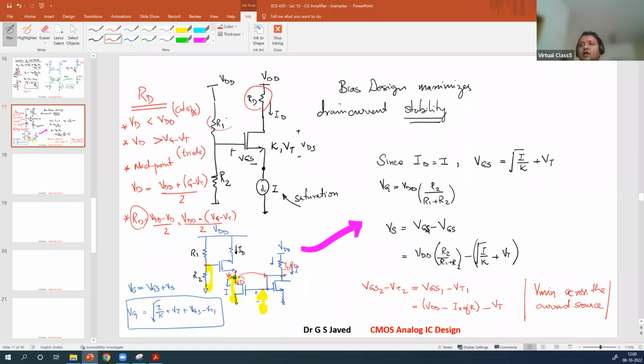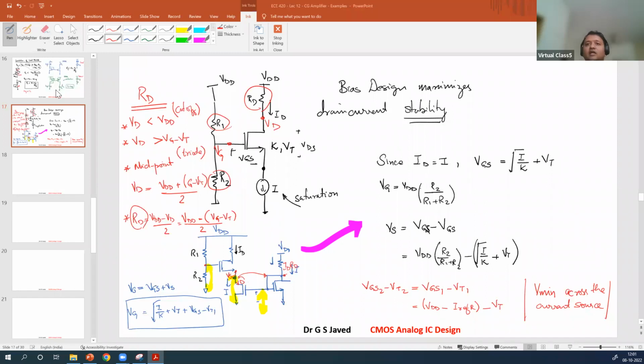So now you design the RD value, R1 value, R2 value. R1 you will get with VG, and this you will get with VD. So this VG divides VT and VS. VS you will use to saturate this current source. So the design of all three devices is completed. So this is what happens in the design.